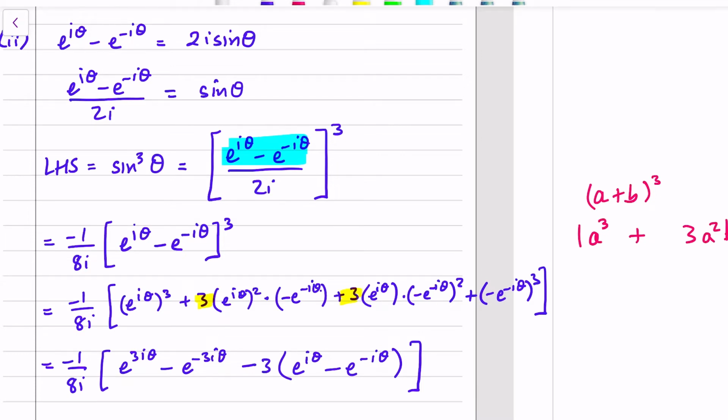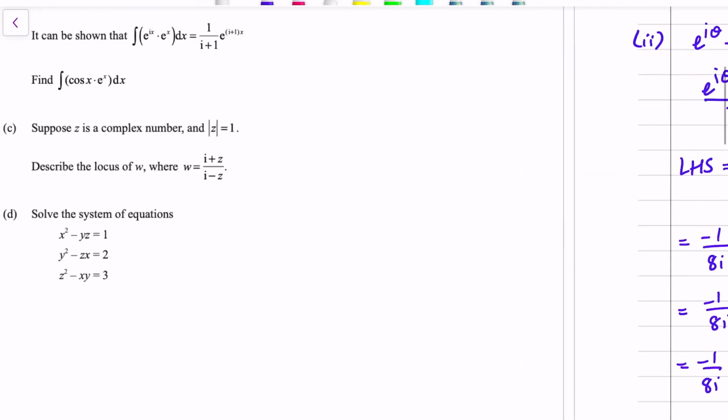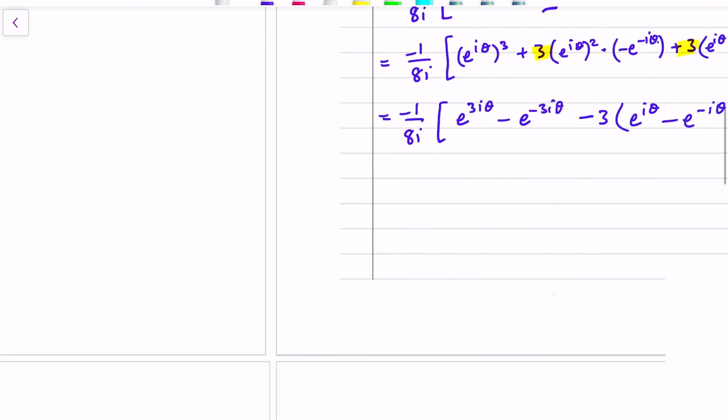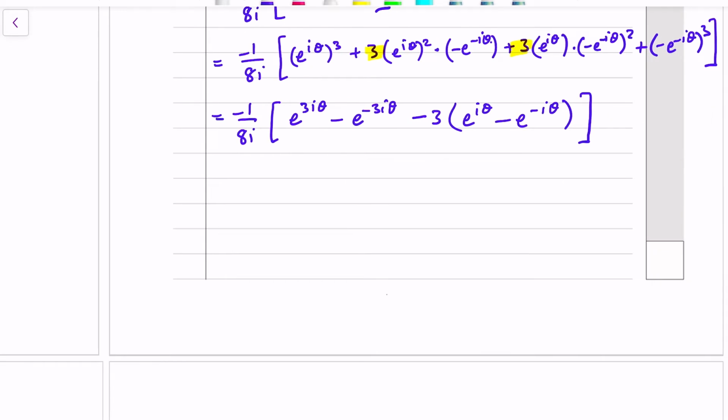Okay, so we already know from our right-hand side expression that we're trying to connect this to sines of, where is it? Right-hand side, we're looking for a sine of 3 theta, and we're looking for a sine of theta, but we've got some fractions, 3/4 and 1/4. So if I write this as minus 1 over 4i, so that I can distribute a 2 back into the brackets.